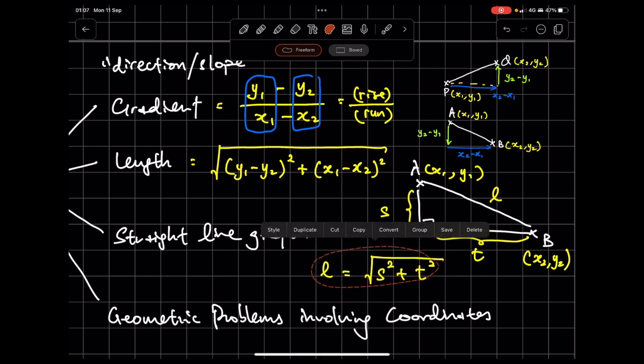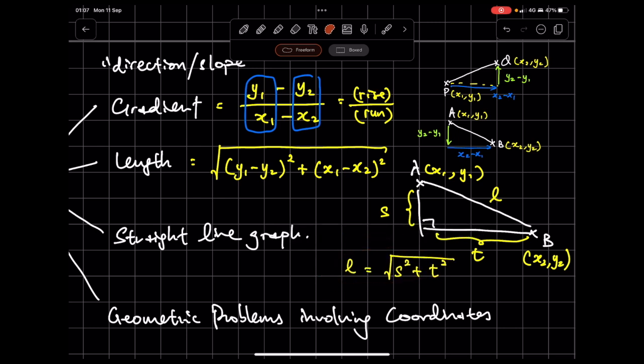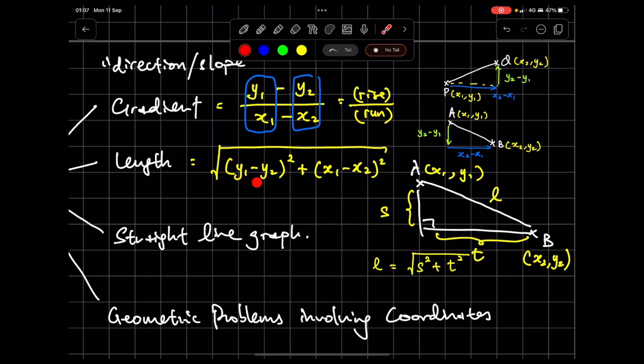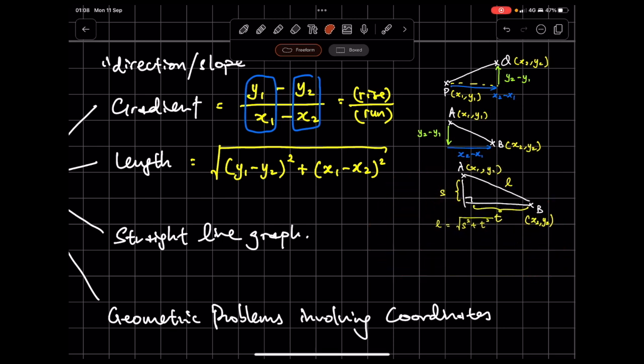So actually this formula I don't have to really go and write this down again. It's over here. Square root of the difference in the y values squared plus difference in the x values squared, then cover the square root. This formula is just given by Pythagoras theorem.